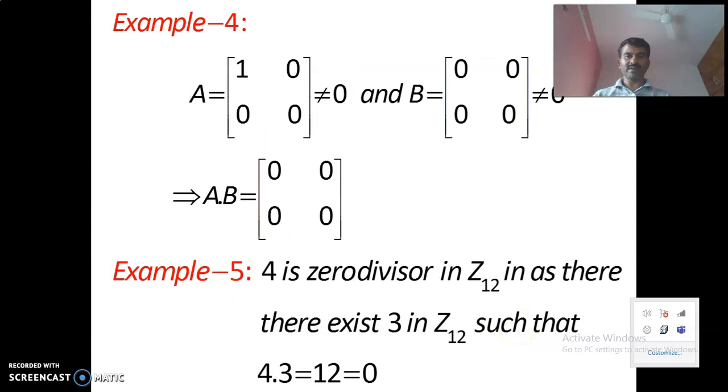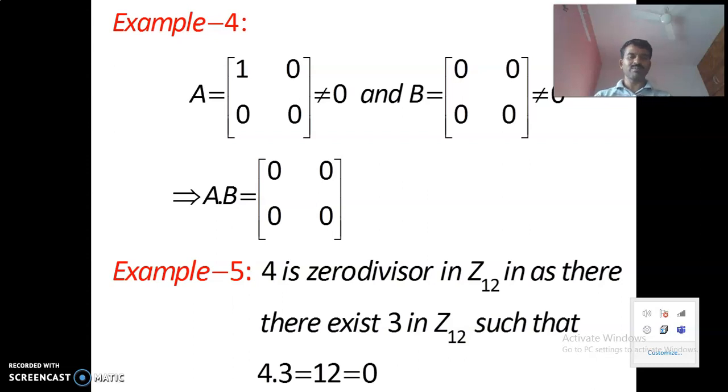And you take, as I told you, one is 0 and this again becomes 0. And 4 is a zero divisor in Z12, as there exists 3 in Z12 such that 4.3 is equal to 12, whose remainder is 0, so that product is 0.